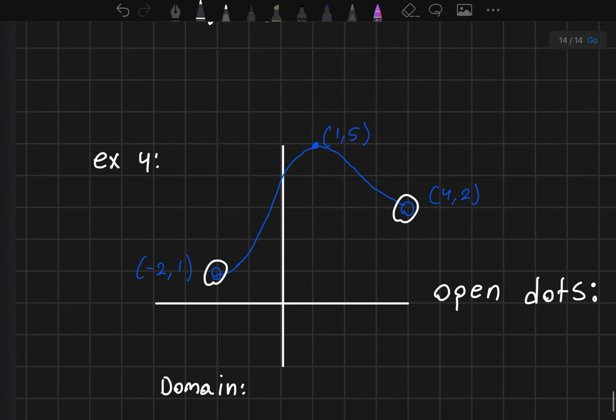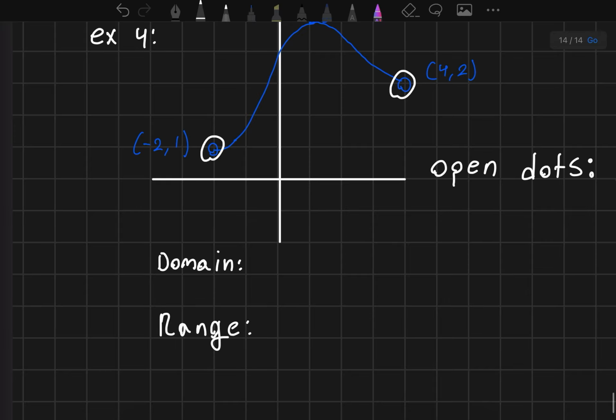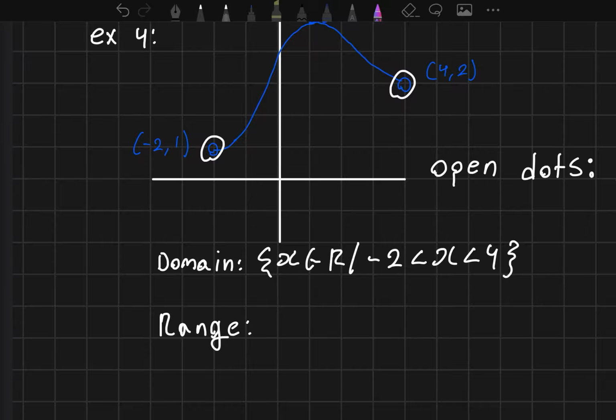So for the domain, the lowest x value is -2, and the highest x value is 4. So we'd write -2 is smaller than x, and x is smaller than 4. Now, we don't use smaller than or equal to here because of the open dots.